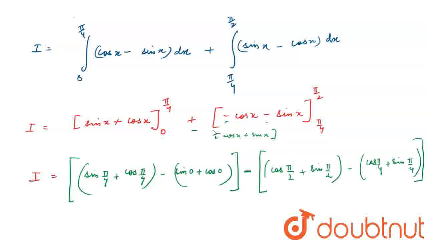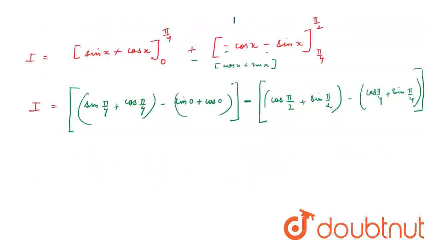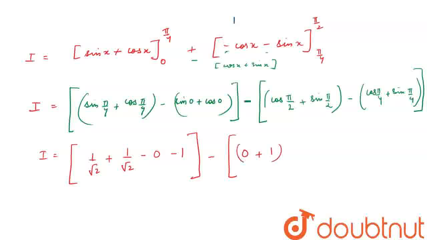Now just putting the values, we get I equals: the value of sin pi by 4 is 1 by root 2, plus cos pi by 4 is 1 by root 2. Here we have minus sin 0 is 0, cos 0 is 1, so this will become minus 1. And here we have cos pi by 2, that is 0, plus sin pi by 2 is 1, and minus cos pi by 4 is 1 by root 2, and sin pi by 4 is 1 by root 2.